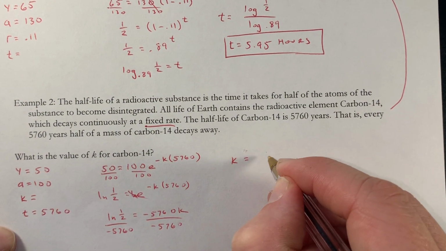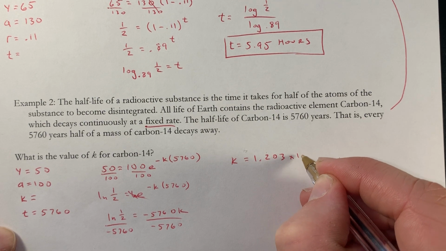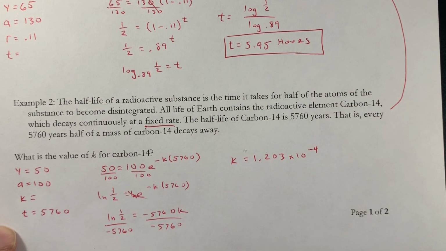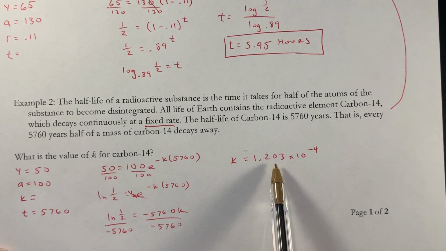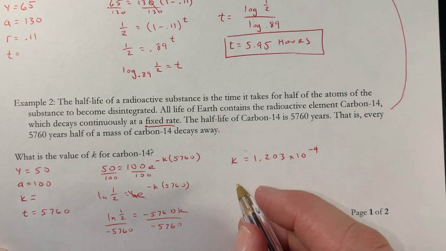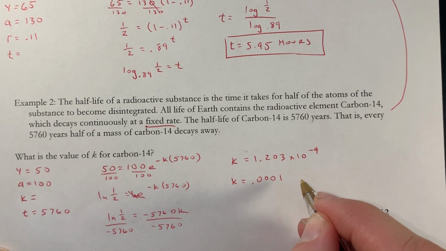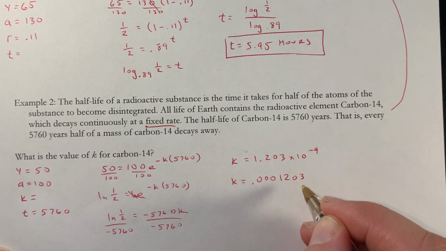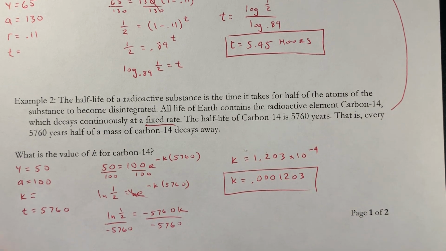So K is 1.203 times 10 to the negative 4 power. That's an answer in scientific notation. That's a perfectly legitimate answer. What does that actually mean? That means we move this decimal 4 places to the left. So K is 0.0001203. That is our decay constant.